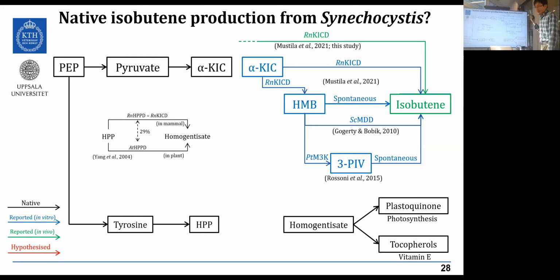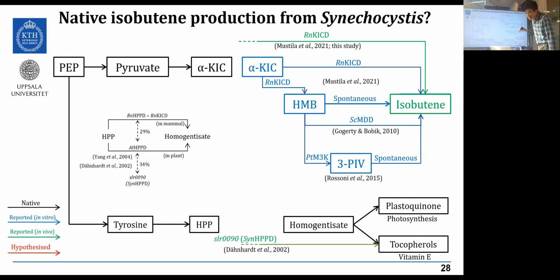And also there is a putative Synechocystis version of HPPD, with 34% similarity to the plant HPPD. But for this putative version of HPPD, it's only confirmed that it's responsible for tocopherol biosynthesis.